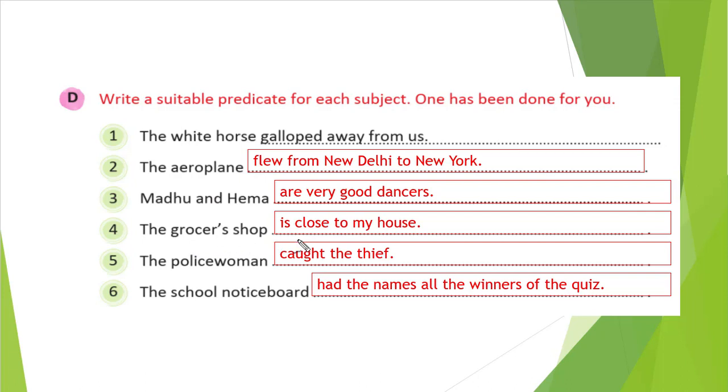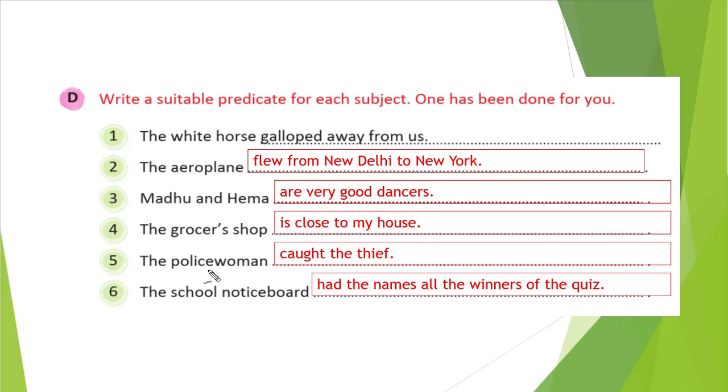The grocer's shop is going to close by 9 p.m., sorry, that also you can make a sentence. Here I wrote is close to my house. So I am showing you examples of the ways you can write.